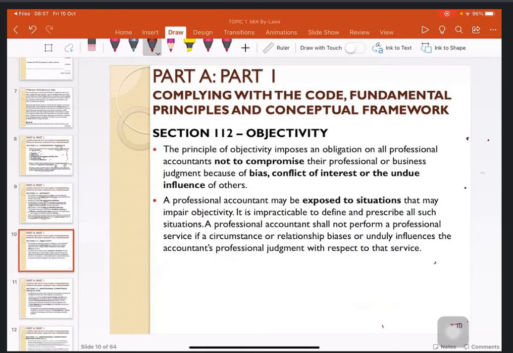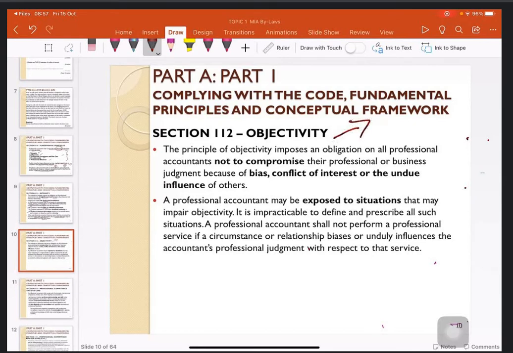Okay, second one adalah objectivity. The meaning of objectivity adalah you are not biased when you conduct the audit, okay? And try to avoid any conflict of interest or the undue influence by others, okay? So bila kita kata objective, meaning that you are very objective.